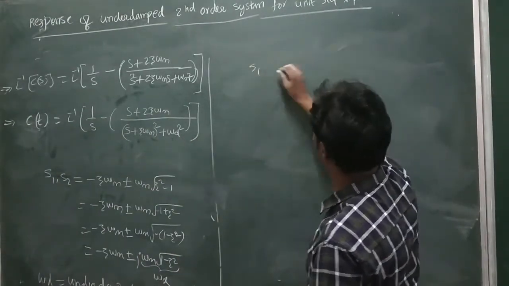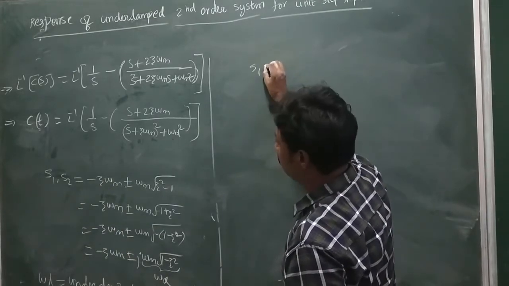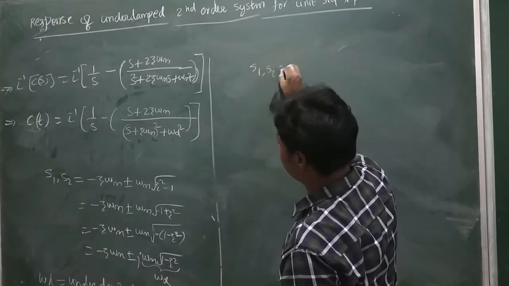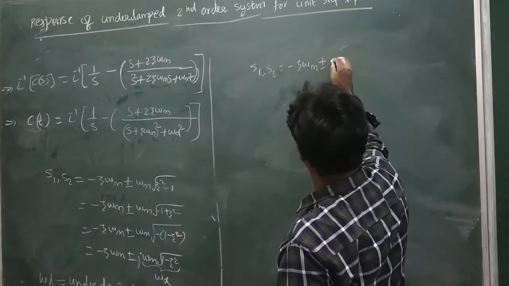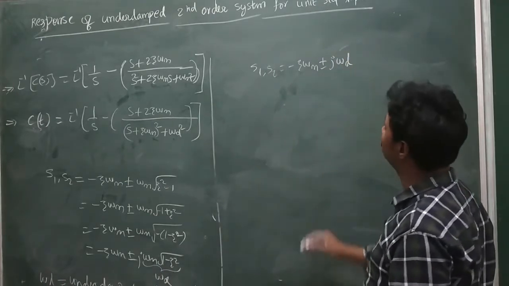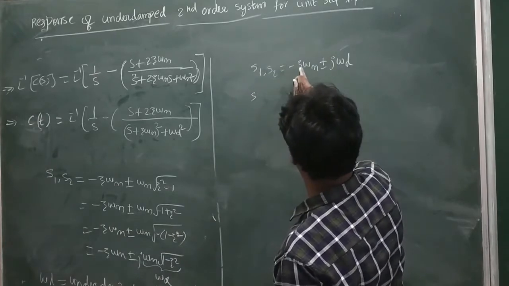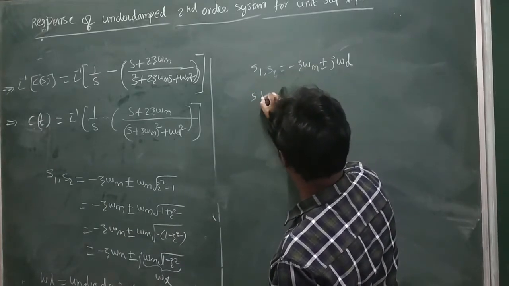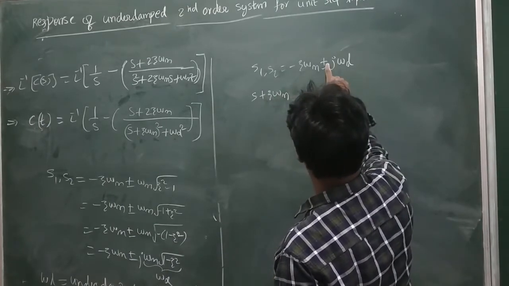s1, s2 is equal to minus zeta omega n plus or minus j omega d. So if you write it separately, this minus j omega d, bring it to this side, so it becomes plus j omega d.